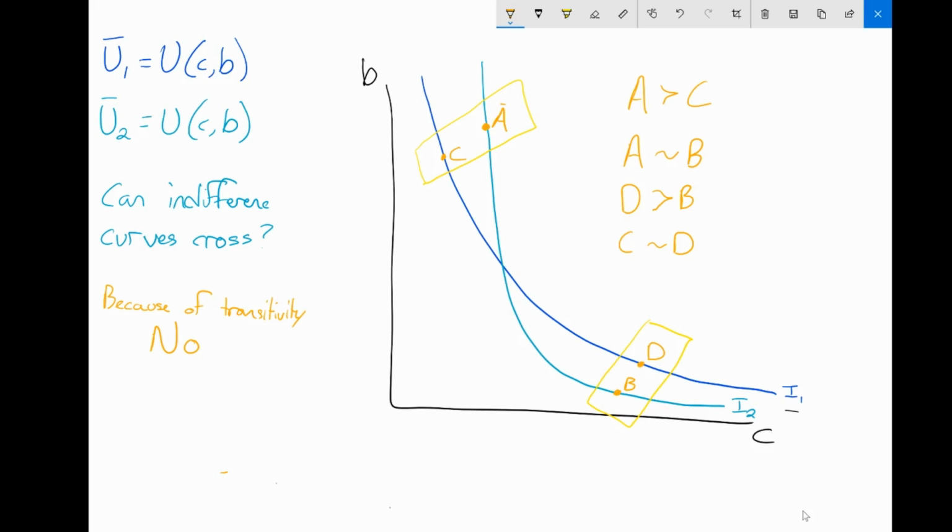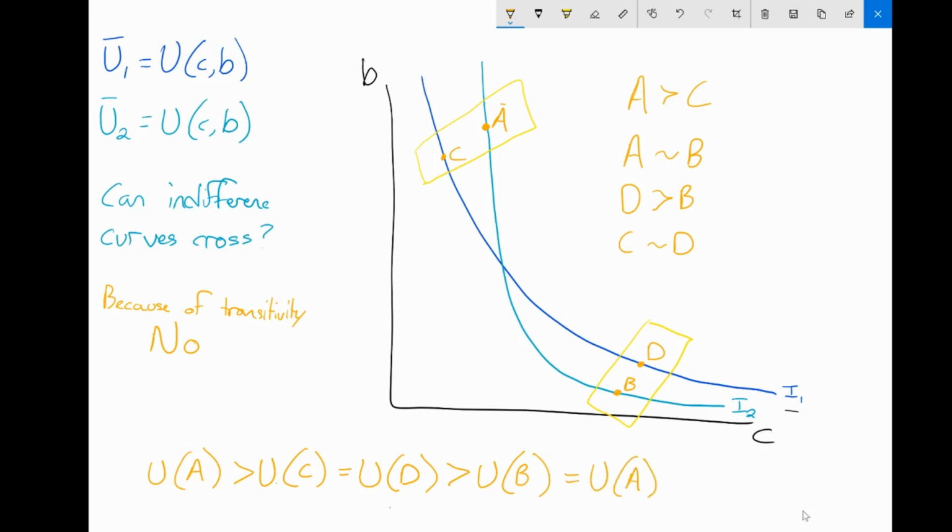So the utility that agents get from A is greater than the utility that they get from C. The utility that they get from C is equal to the utility that they get from D. The utility that they get from D is greater than the utility that they get from B. And the utility that they get from B is equal to the utility that they get from A.